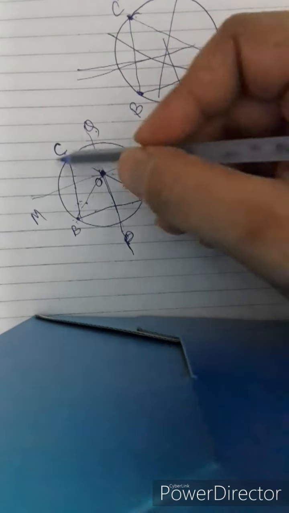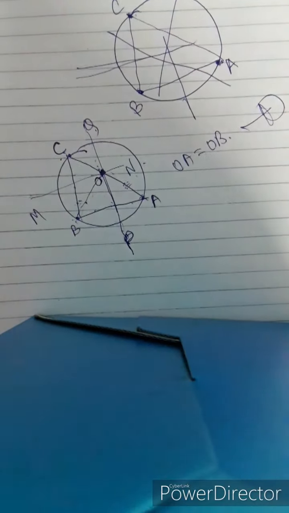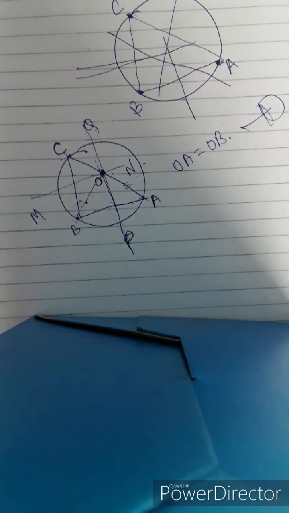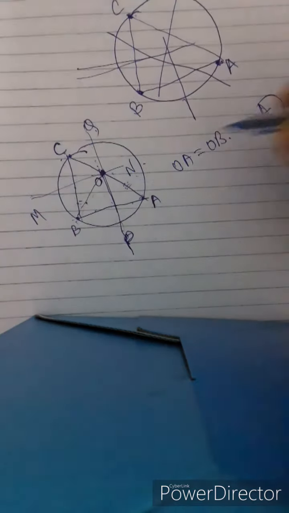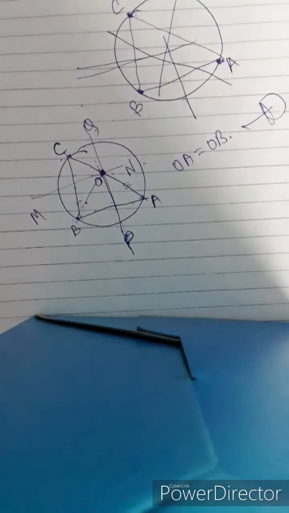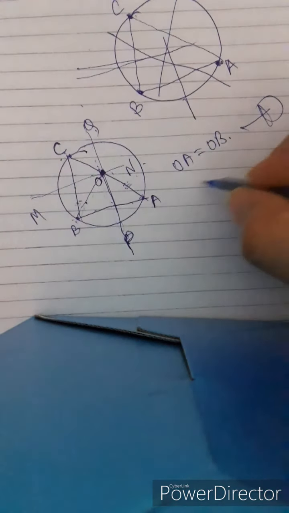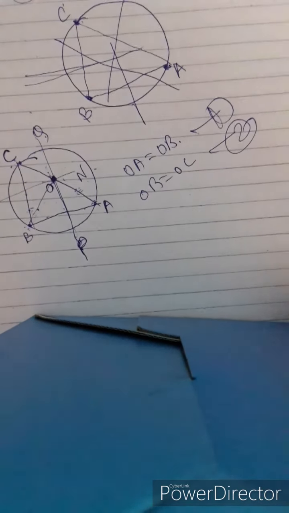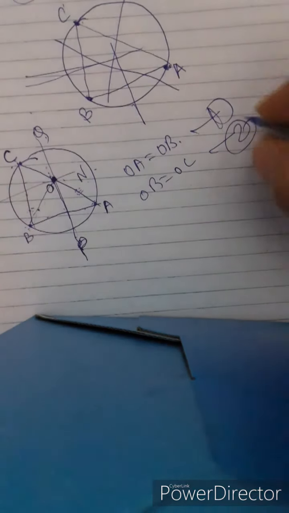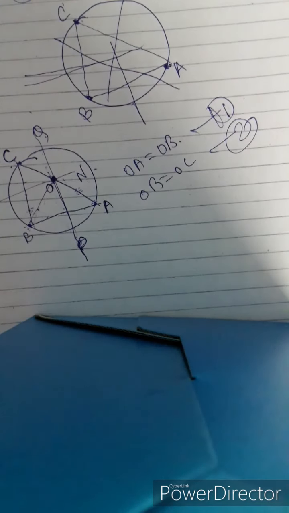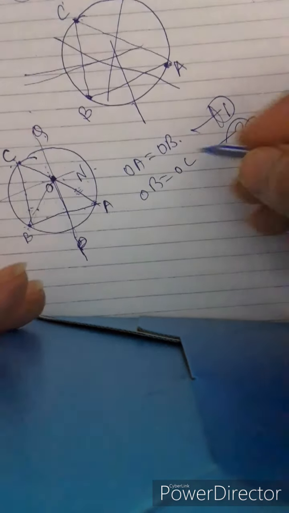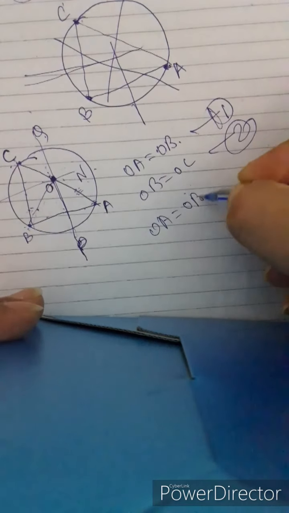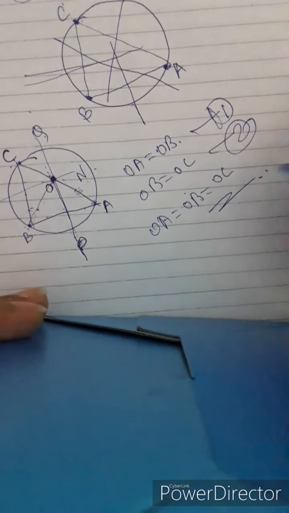OB and OC start from the center and touch the circle at B and C. So OB equals OC because they are radii of the circle. This is equation 1 and equation 2. From equation 1 and equation 2 we get OA equals OB equals OC.